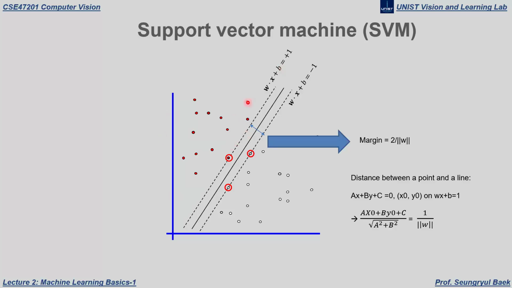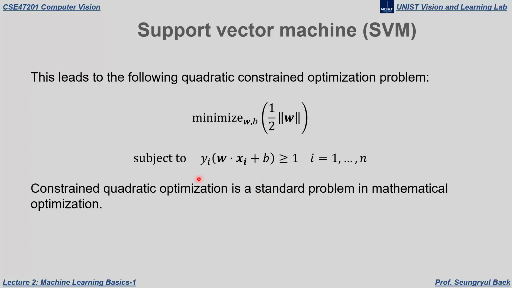So positive values multiplied with +1 will be larger than or equal to 1, okay? And here, yi is -1, and wx plus b is negative for these samples. So negative values are multiplied with -1. Their values are larger than or equal to 1, okay? So all the samples in the 2D graph have to meet this, okay?